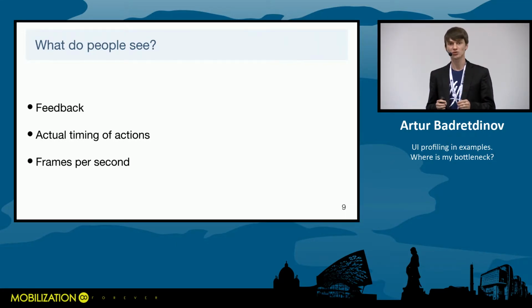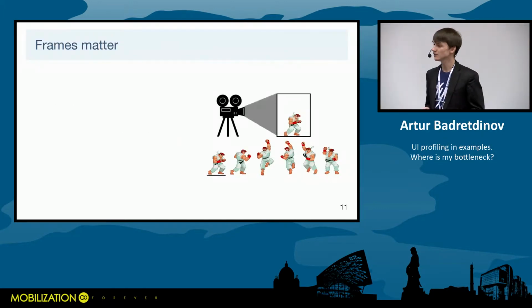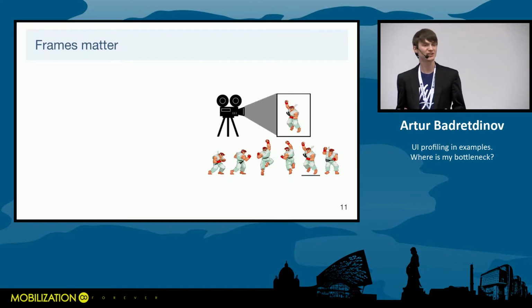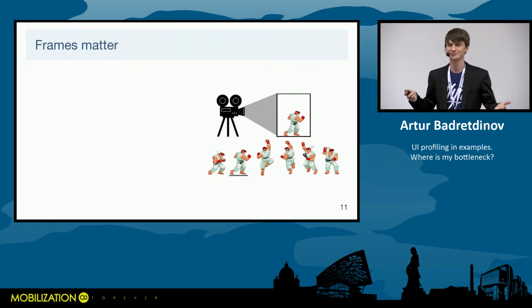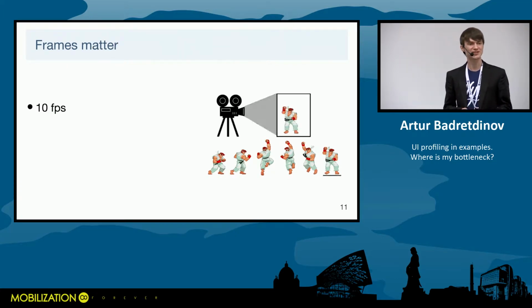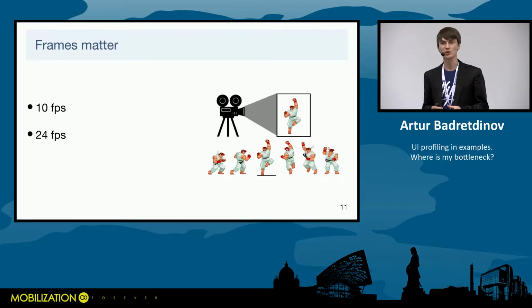It shows you how smooth your app works overall. And probably if your app works at 10 frames per second, you will be able to understand it even without any tools at all, because it will be bad. 24 frames per second is a little bit better, because starting from this point, people will think that it's continuous movement, so it will be more or less smooth.